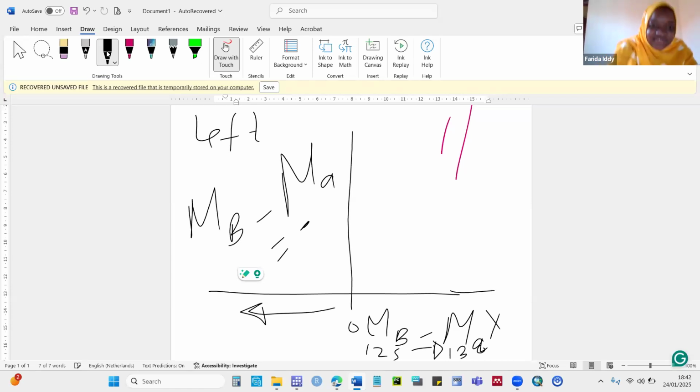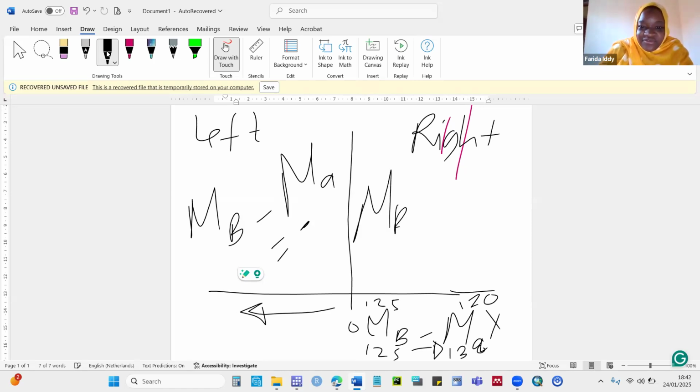This is left and this is right. But if we aim at decreasing, then let's say it is 120, so 125 minus 120 is positive. So on the right side, before minus after will be positive. So this is our left, this is our right, and here is our null.